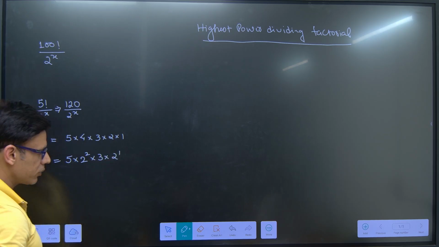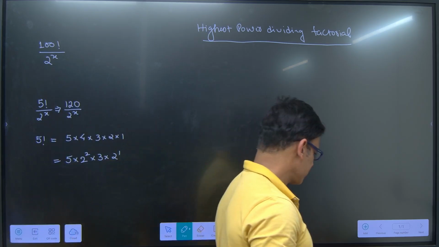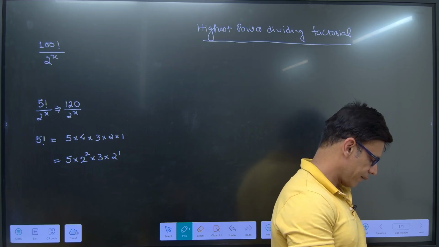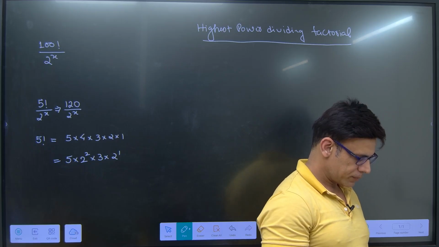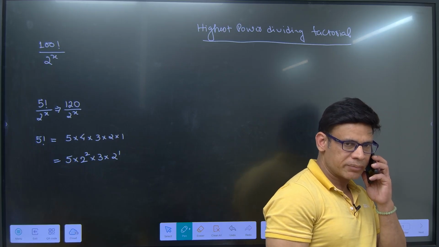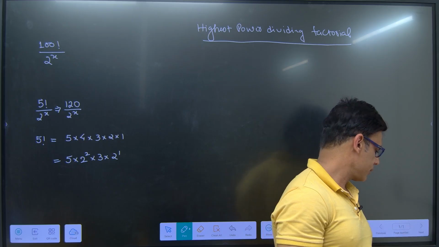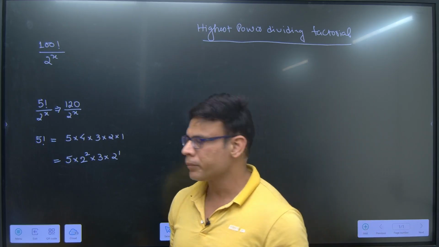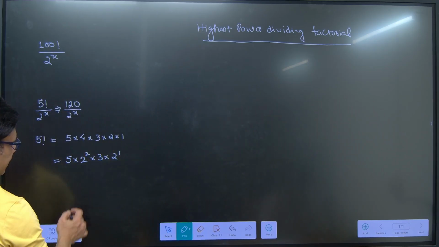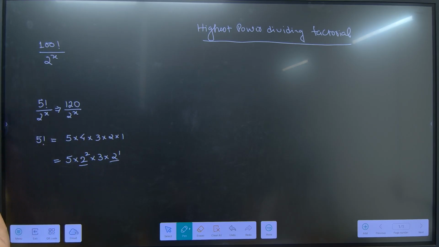How many 5s do you see? 1. How many 2s do you see? 3. That's why the highest power of 2 is 3.